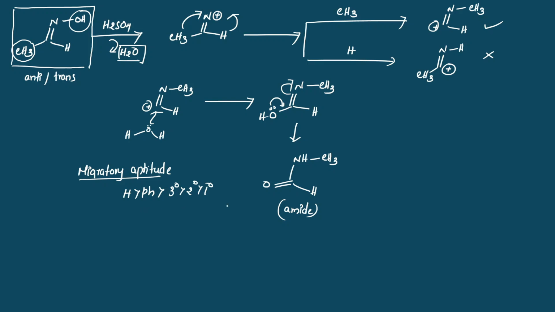But you have to remember, in the case of Baeyer-Villiger oxidation, the migratory order is first the phenyl will migrate, then hydrogen, then tertiary, then secondary, then primary. That is another case. So if the stereochemistry is not mentioned, you have to follow this migratory aptitude order. Let's solve some other problems to make your understanding much better about this topic.